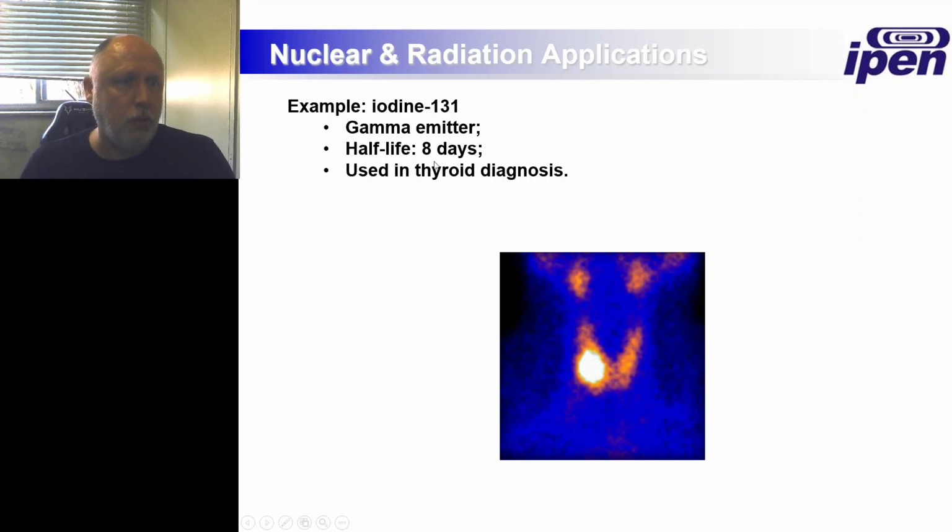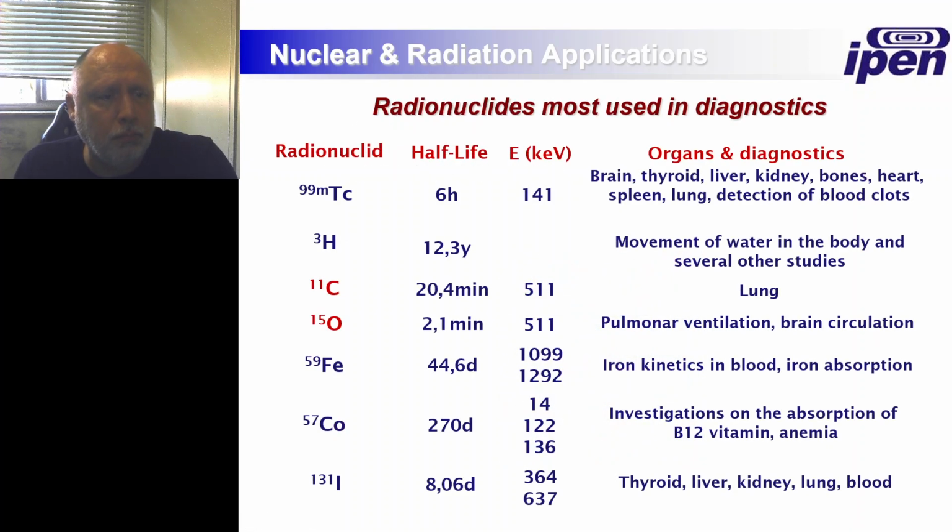This is an image of a patient who took iodine 131, and you see that there's quite a big difference in iodine absorption between both thyroids. I'm no doctor, but I'm sure this means something, right?